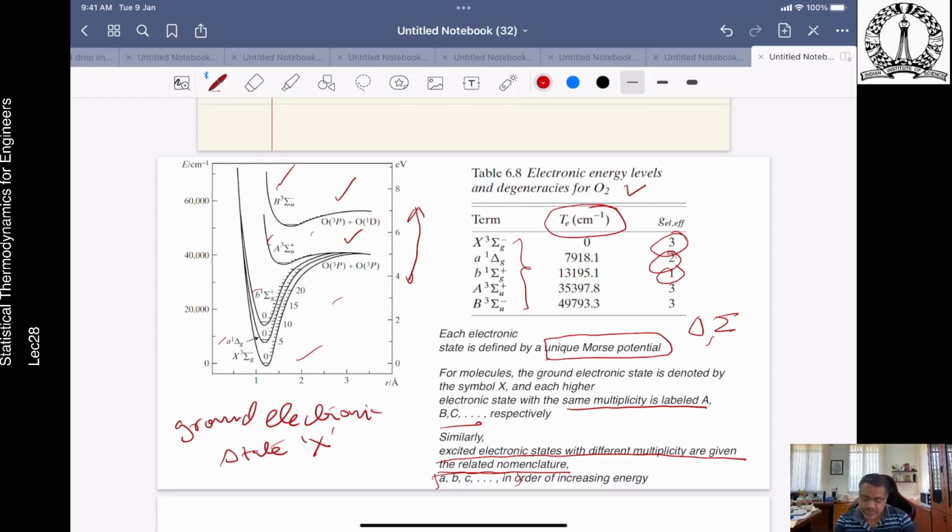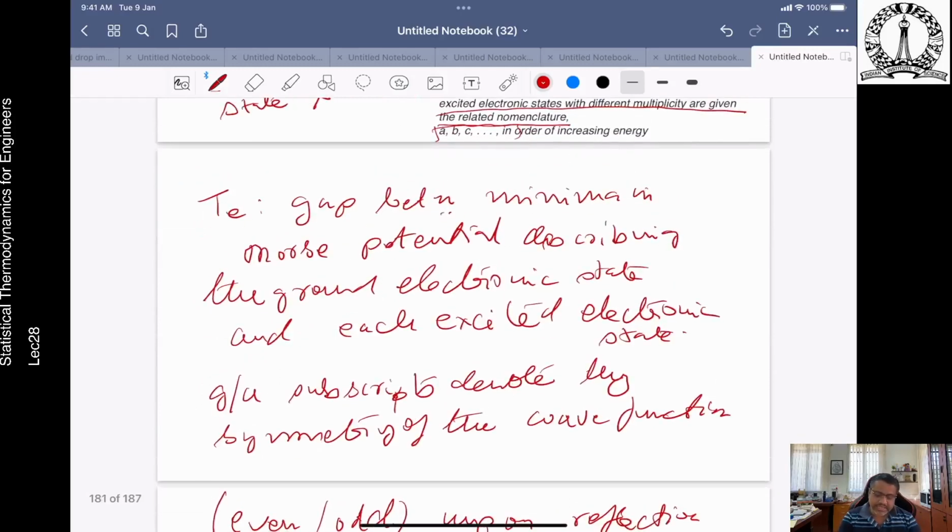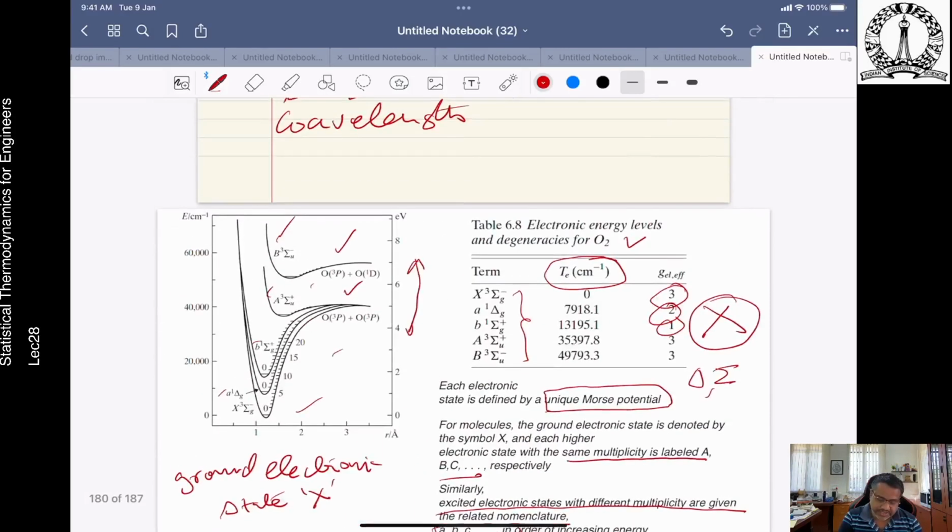The ground state is always represented as X. Each excited electronic state with different multiplicity is given the symbol small a, small b, small c. And T_e is the gap between the minimum in the Morse potential describing the ground electronic state and each excited electronic state.